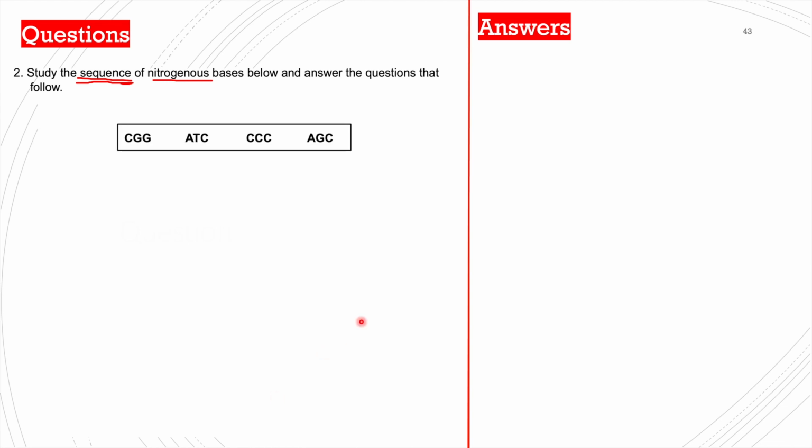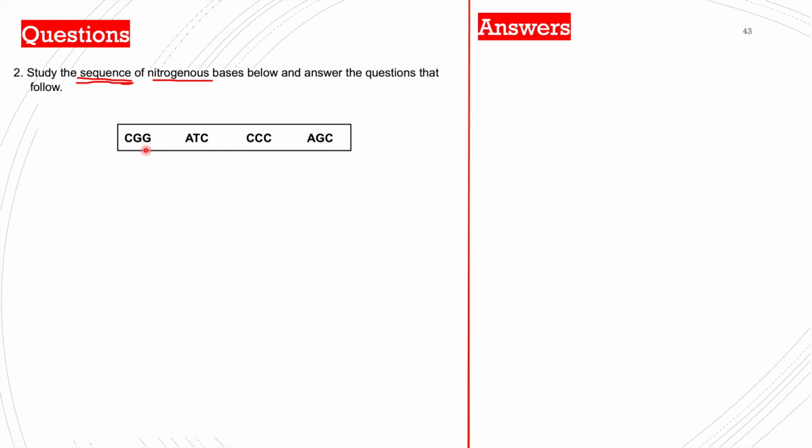Okay, now the nitrogenous bases are put in triplets. A triplet is 3, right? Triplet means 3. Triplet does not mean 3 of the same. Triplet just means a number of 3, even though the individual items are not the same. I know we often associate the word triplet with triplet children. And remember, triplet children may be identical and may not be identical.